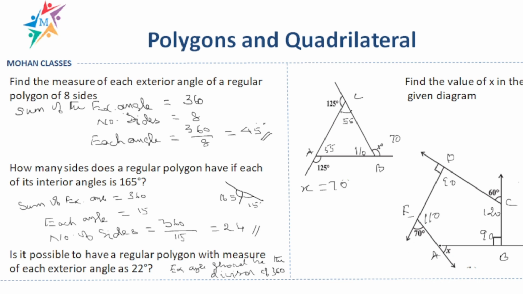Now, what about this angle? Here, how many sides are there? 1, 2, 3, 4, 5, so 5 sides.